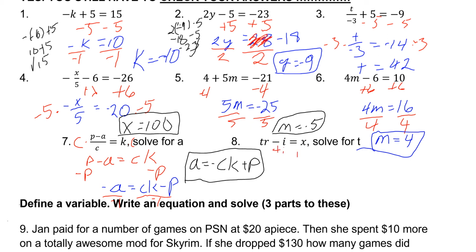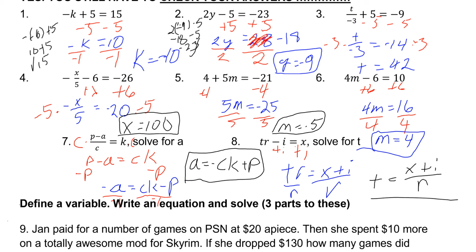Plus I and plus I. And it's going to leave me with TR equals X plus I. Now I'm trying to get T by itself, so that means I need to divide by R. So I divide by R there, and I divide by R there, and that leaves me with T equaling X plus I over R. And there you have it. Very simple.